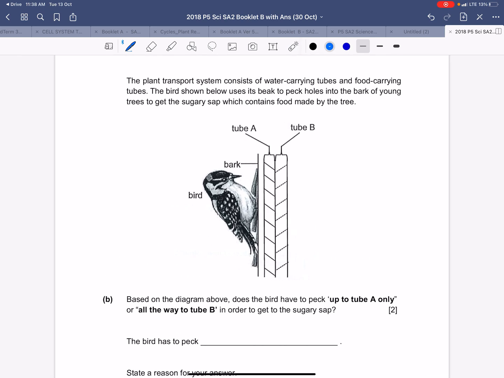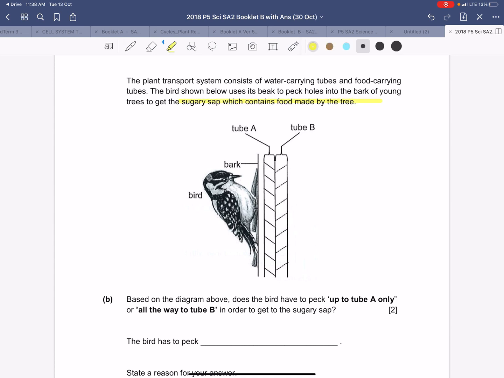It's pretty straightforward. They tell you that the plant transport system consists of the water carrying tubes and food carrying tubes. The bird shown below uses its beak to peck holes into the bark of a young tree to get the sugary sap, which contains food.